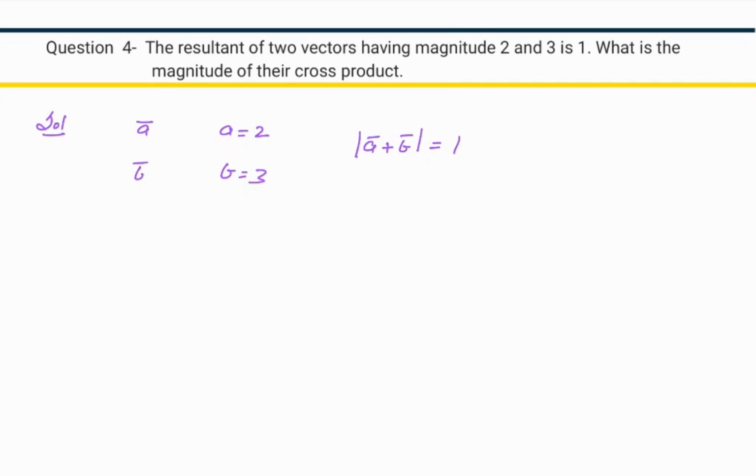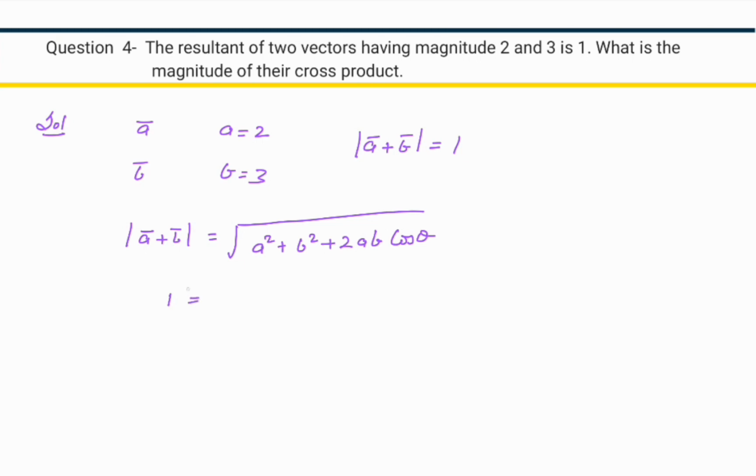Okay, now how to solve it? Find the angle between the two vectors. We know the resultant magnitude will be given by under root of A square plus B square plus 2AB cos theta. Find the cos theta from here.